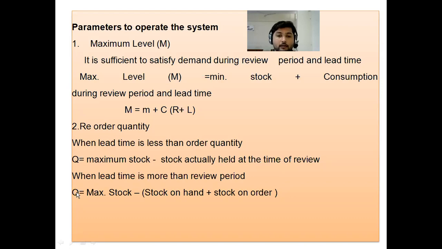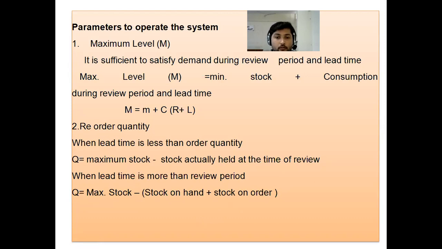Now second, related to the second variety, that is when lead time is more than the review period. In that case, you have to consider the maximum stock minus, inside the bracket, stock on hand plus stock on order. Because during that review period, some orders you have placed, and that order you are going to receive after the completion of the lead time.